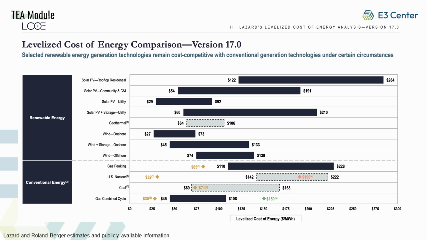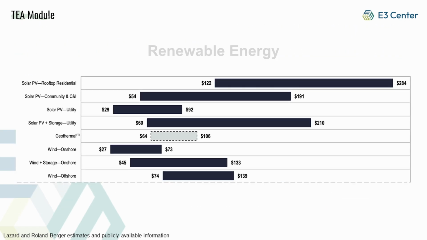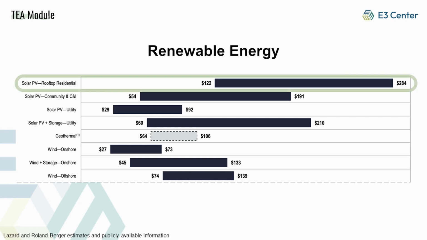As we can see in this slide, in certain conditions, selected renewable energy technologies are cost competitive with conventional generation methods. From the LCOE data presented, it is clear that rooftop solar panels exhibit the highest LCOE among the renewable options, with the widest range of uncertainty.